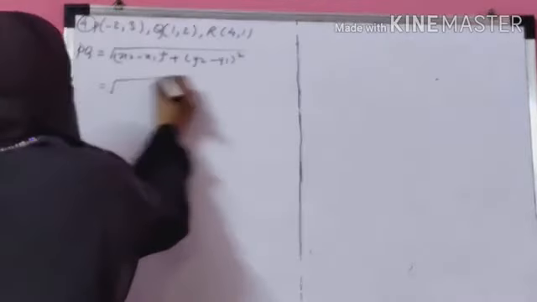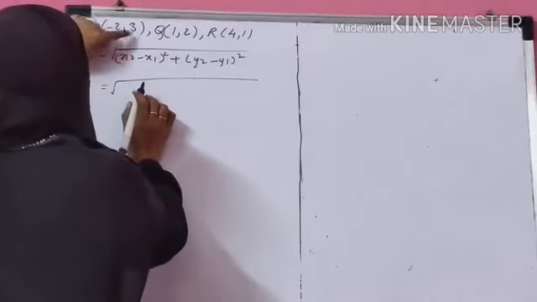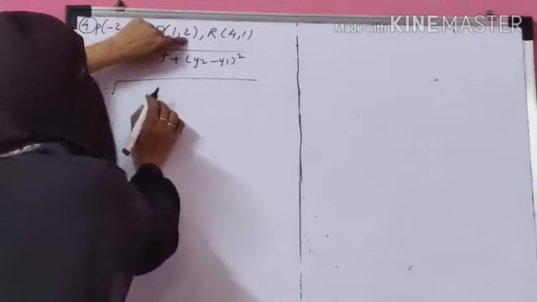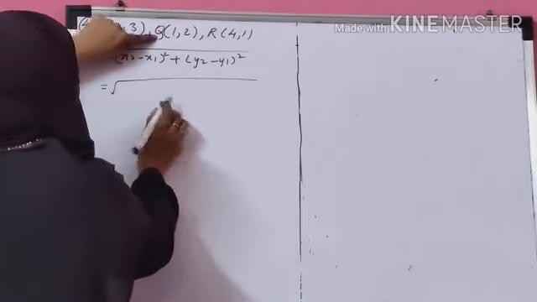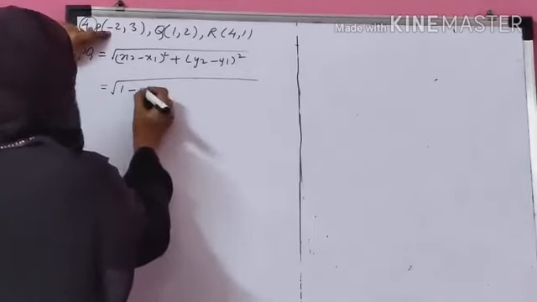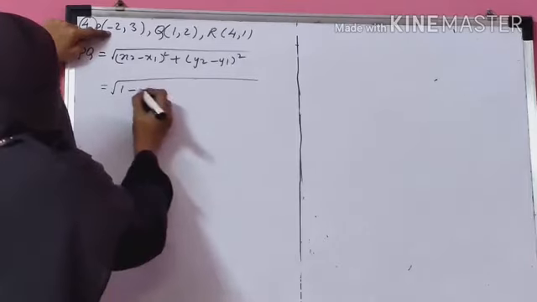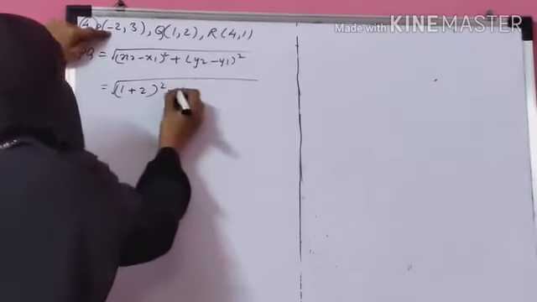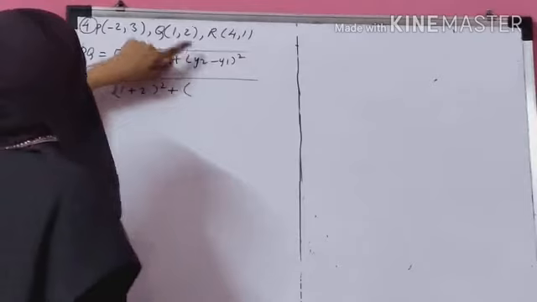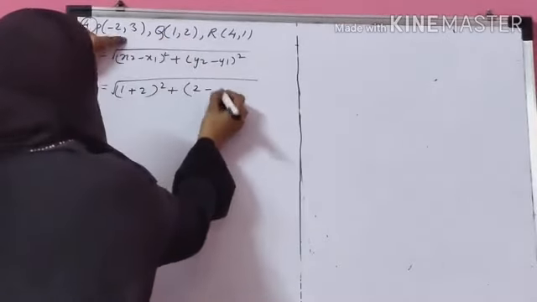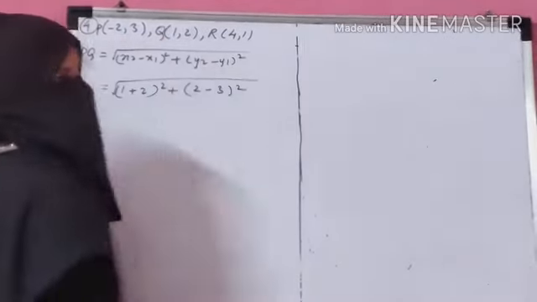Now substitute the values. For PQ, this point is x1 y1, this point is x2 y2. So x2 is 1 minus x1 is minus 2, so minus minus becomes plus 2 whole bracket square. Y2 is 2 minus y1 is 3, 2 minus 3 whole bracket square.